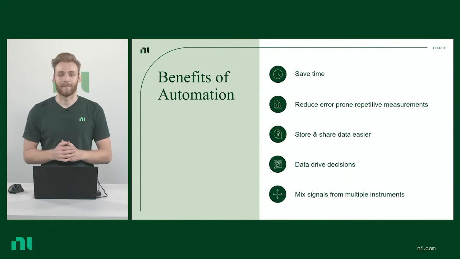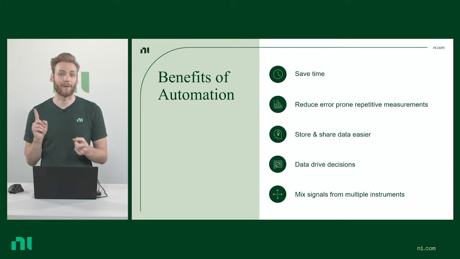And the first big reason is automation. Automating your solution can not only save you time, but it can help you avoid many of the common obstacles associated with repetitive measurements, user error, storing your data, reporting, and mixed signals and instrument integration, and many other different errors.